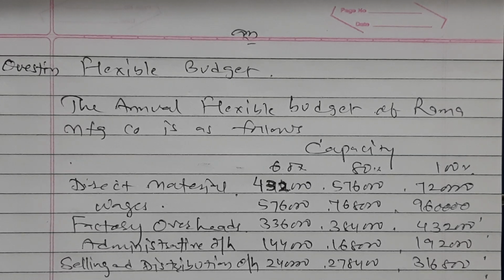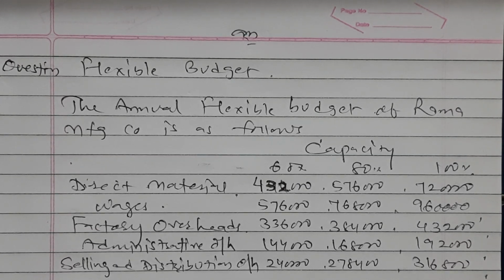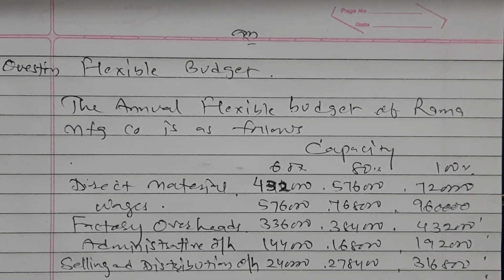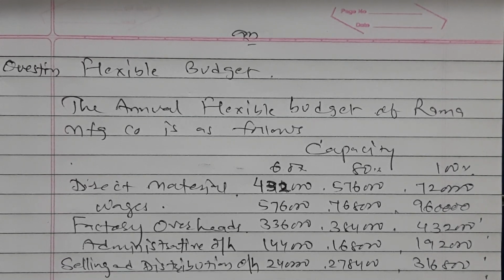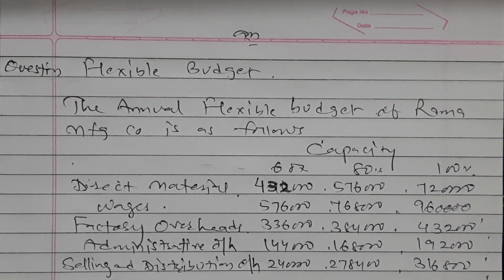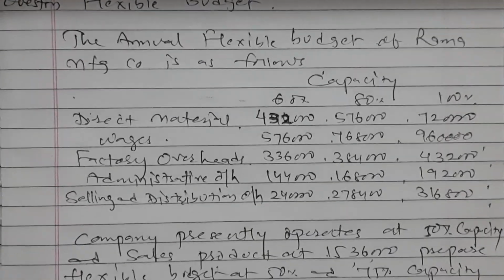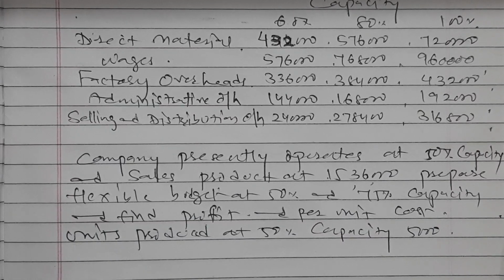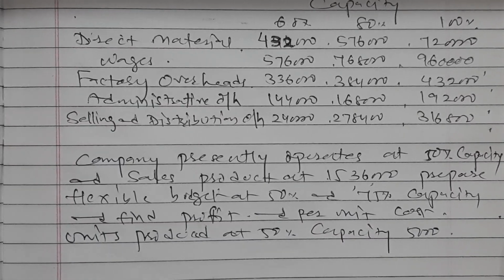Administrative overheads are 1,44,000, 1,68,000 and 1,92,000, while selling and distribution overheads are 2,40,000, 2,78,400 and 3,16,800.